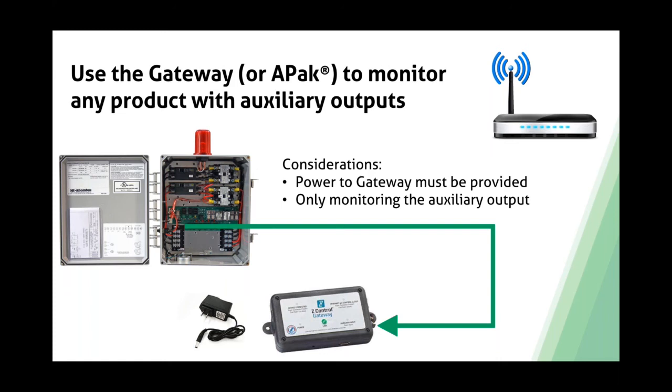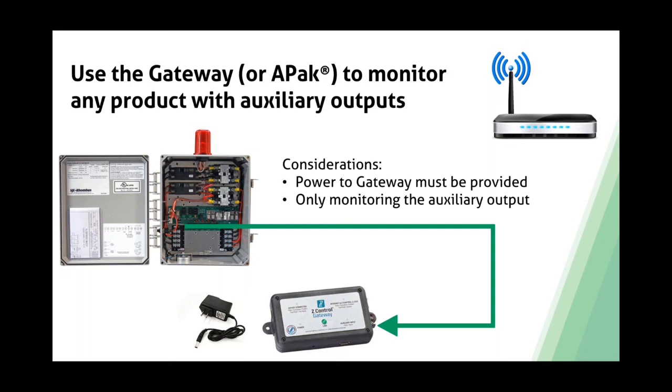So if somebody asks you, well, I've got these old control panels, can I somehow use Z-Control? The answer is yes. It's not Z-Control enabled, so you don't have all the two-way communication and changing of settings and that kind of thing, but you can at least monitor perhaps the most important thing. For example, on a control panel, a dry contact is typically triggered when the high water float is tripped.